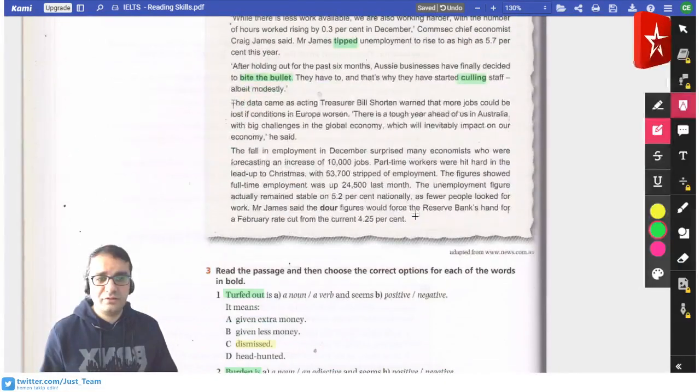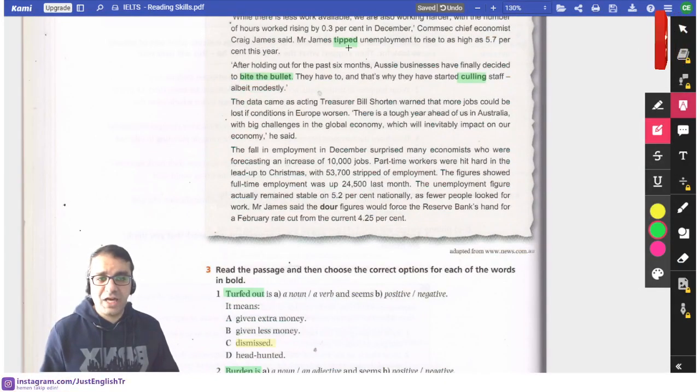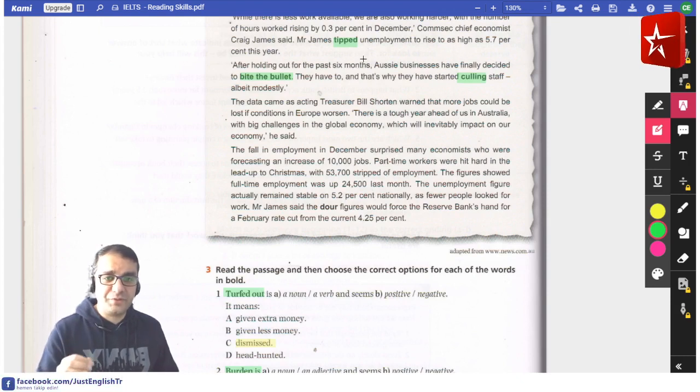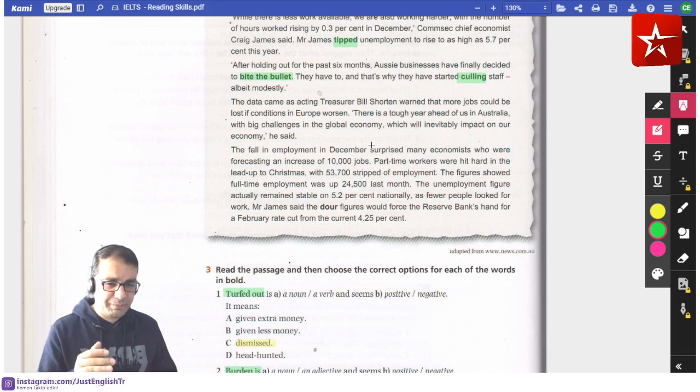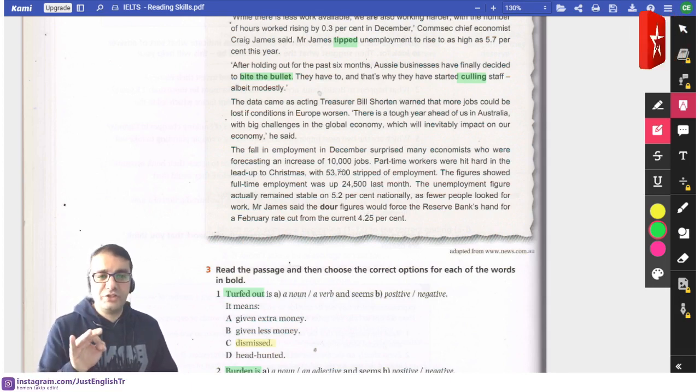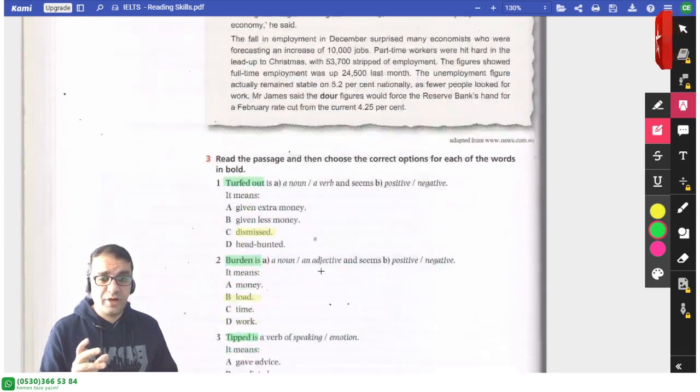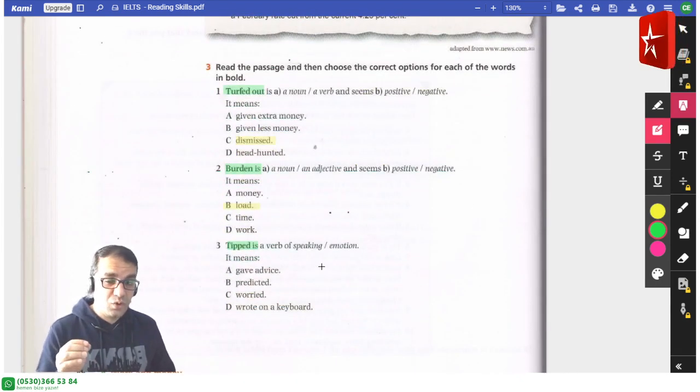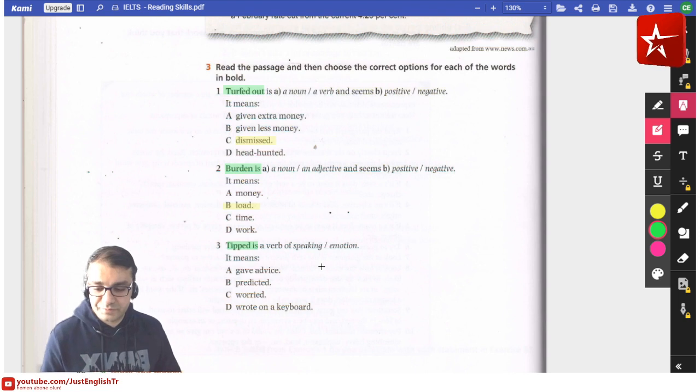Look here. Mr. James tips unemployment to raise as high as 5.7% this year. So is it a sort of speaking or emotions here? Look at this line. Since we mark the keyword, we understand it. What is it? So what do you think it is?